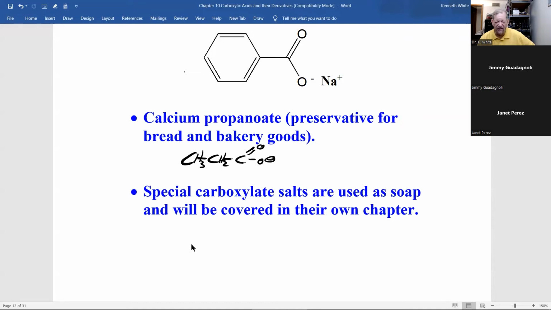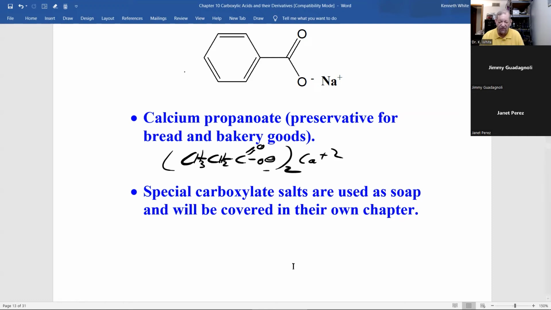So if this is a -1 and calcium is a +2, you need 2 of these. And I won't ever ask this on a test, but this is the molecule that keeps your bread and bakery goods from molding on you. And I'll talk about another special carboxylate anion or salt that we use as soap later in the semester.